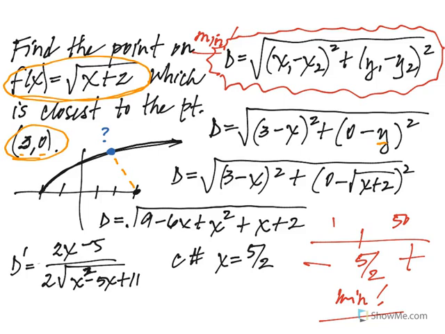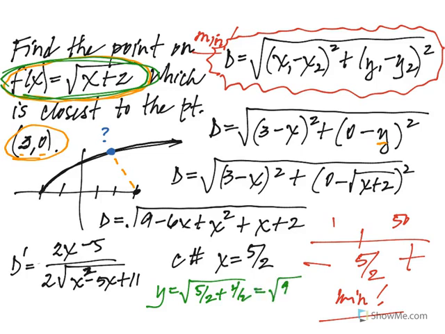Now all you have to do is find y, and in order to find y, I'm going to go to the equation where I did not use calculus. So it looks like my y is equal to the square root of 5/2 plus 4/2. That's the square root of 9/2. And what's amazing is, that's actually where I drew this.